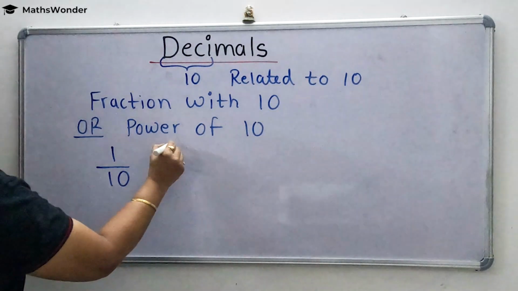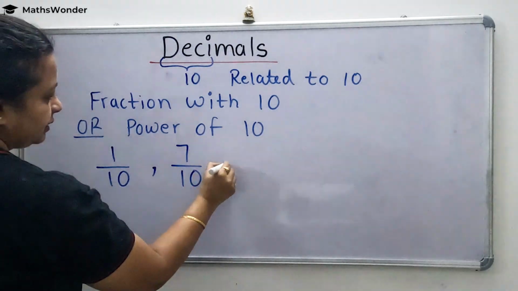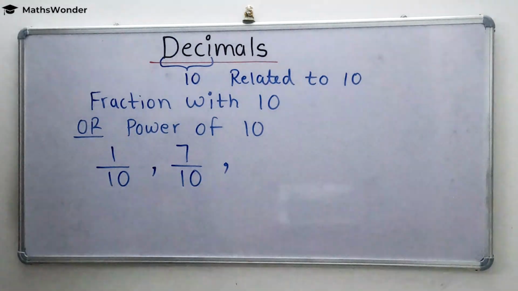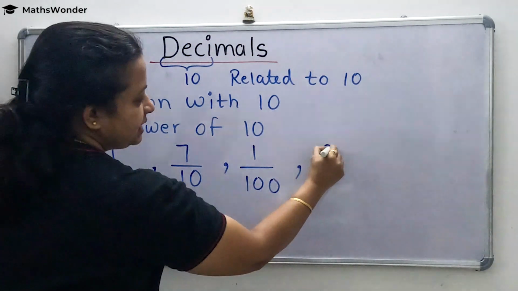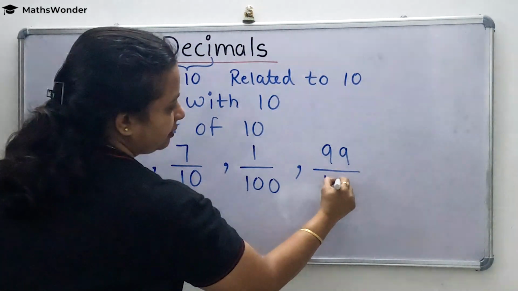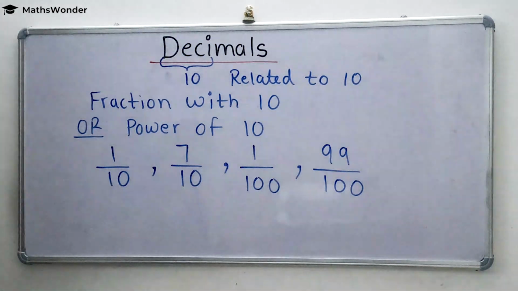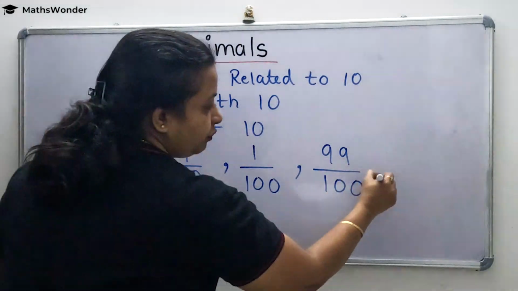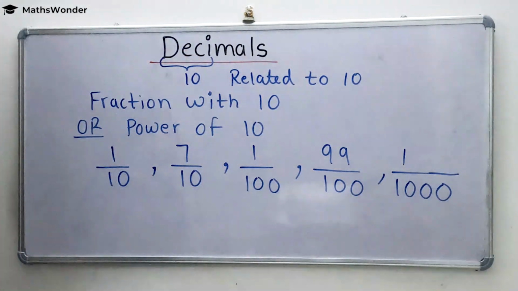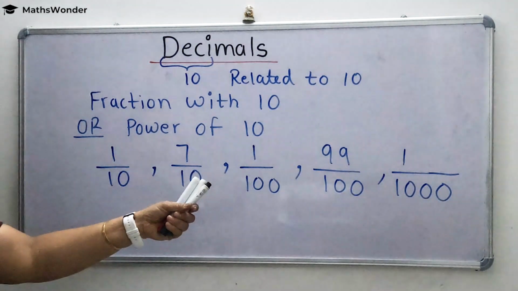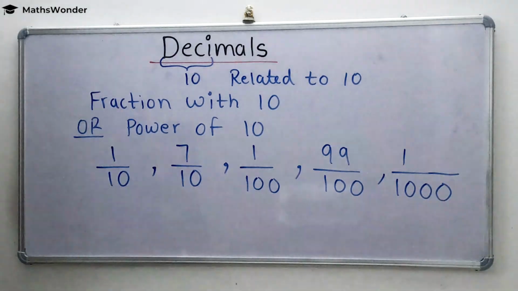Suppose 7 over 10, 1 over 100, 99 over 100, and then 1 over 1000. These are called decimal fractions, because you can easily convert them into decimals.